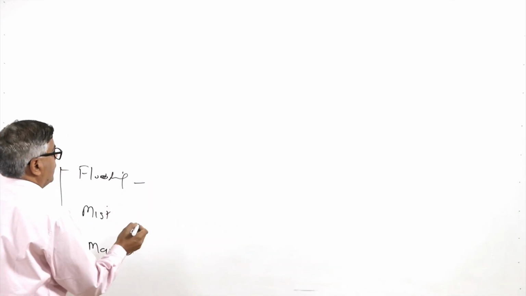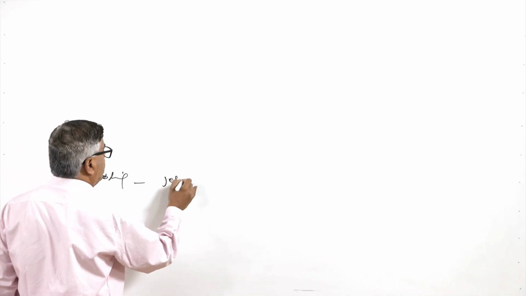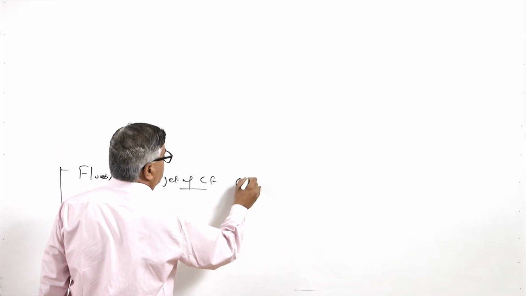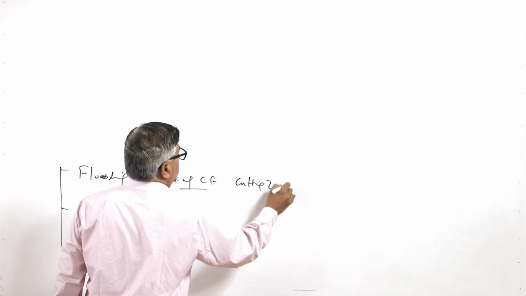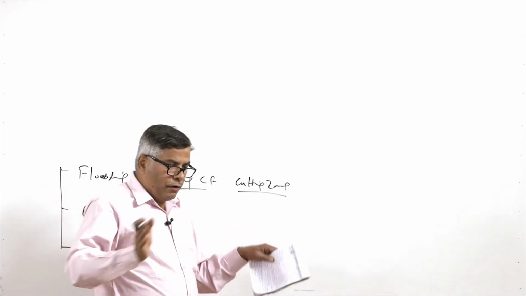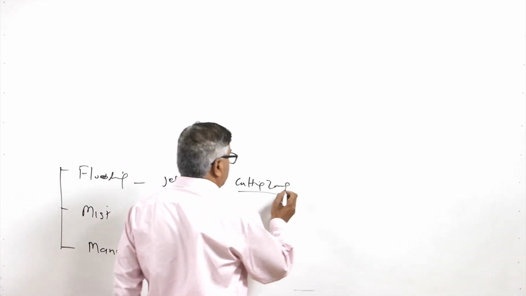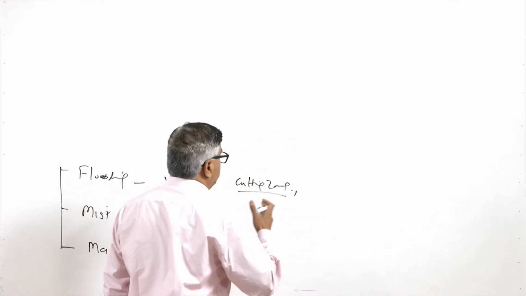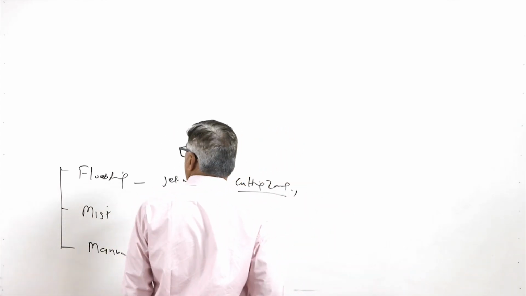In flooding, a continuous jet of the cutting fluid is fed into the cutting zone, so that the cutting zone is full of the cutting fluid, which helps to cool down the tool as well as the workpiece.